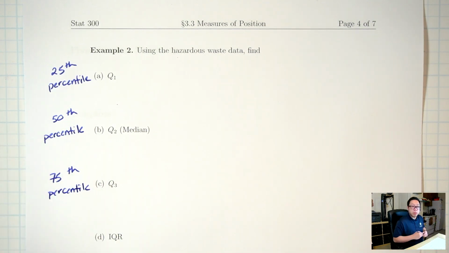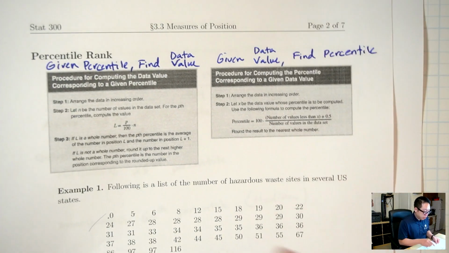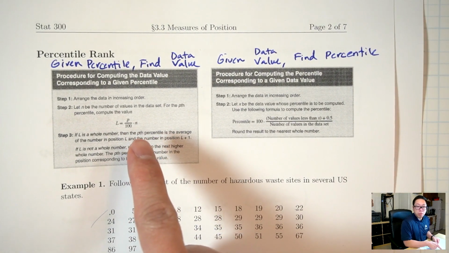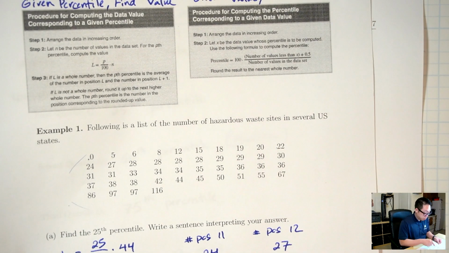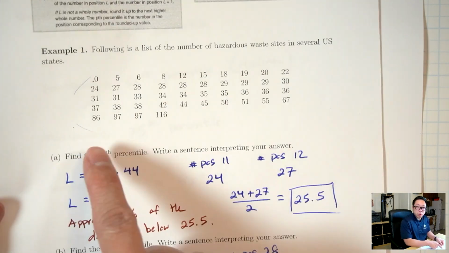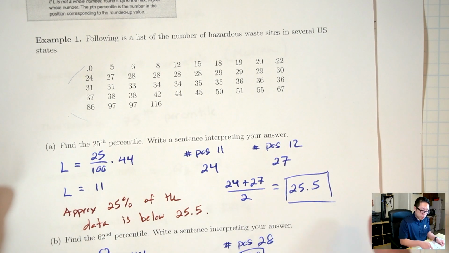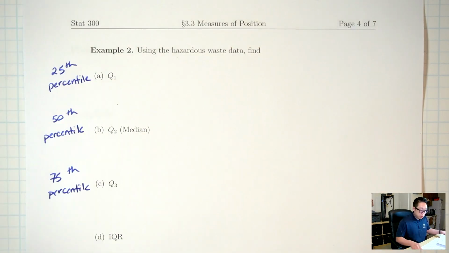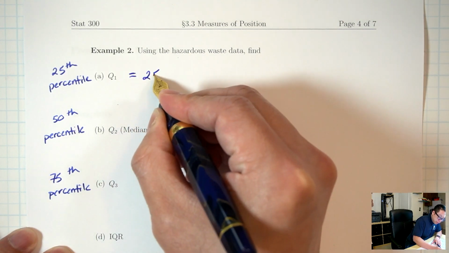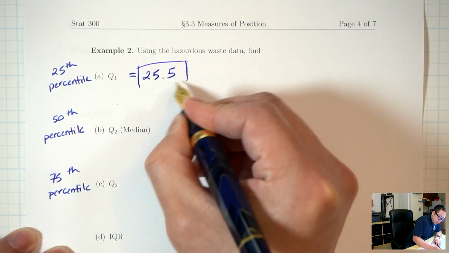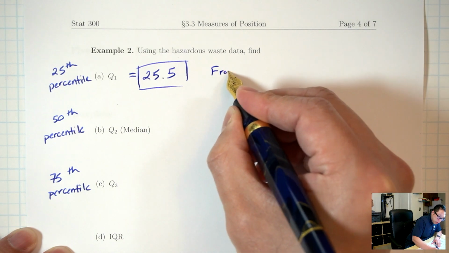So I'm giving you the percentile, which means what you're really doing is just the left box for all 3 of those. The 25th percentile, lucky for us, we already did in part A. We found that it was 25.5. So Q1 is done. It's 25.5, and this was from example 1, part A.